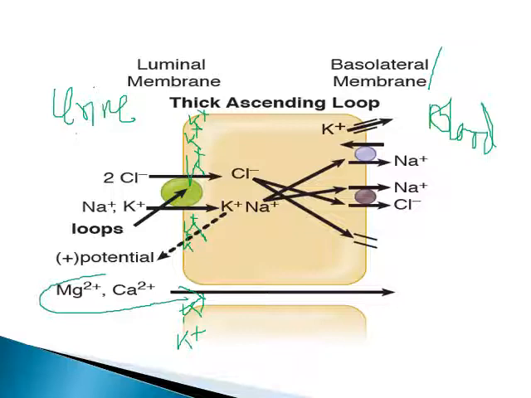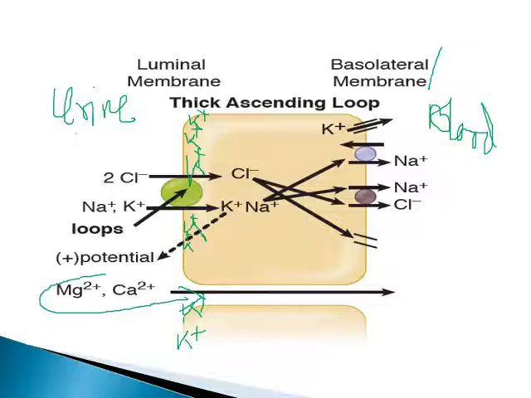And this reabsorption is through paracellular transport. Between the cells there is paracellular transport through which calcium and magnesium are reabsorbed in the thick ascending loop of Henle. So this transport is important for the reabsorption of calcium and magnesium.